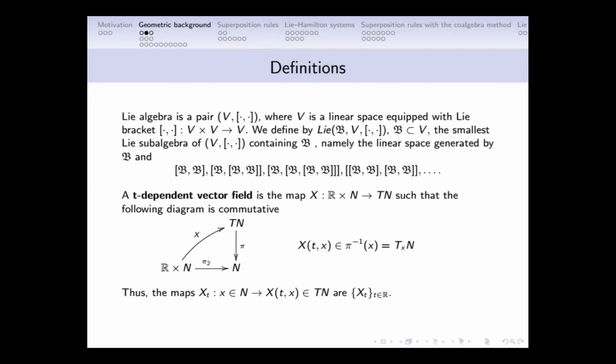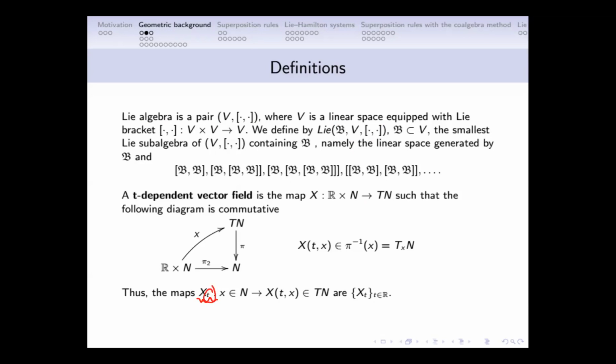We also have to define what a time-dependent vector field is. A time-dependent vector field is defined like the vector fields we are used to on the tangent bundle, as long as we interpret it as a vector field parameterized by a parameter t.